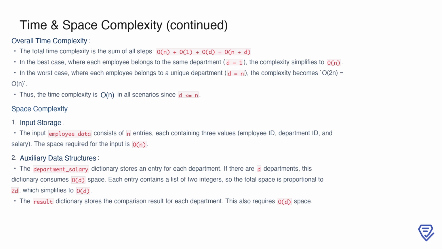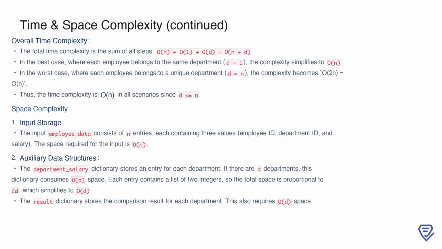Regardless of the scenario, we can conclude that the time complexity is O(n), since the number of departments, d, will always be less than or equal to the number of employees, n. Moving on to space complexity, the input data, employee_data, requires O(n) space as it contains n entries, each with 3 values. Additionally, we use auxiliary data structures, such as the department_salary dictionary.